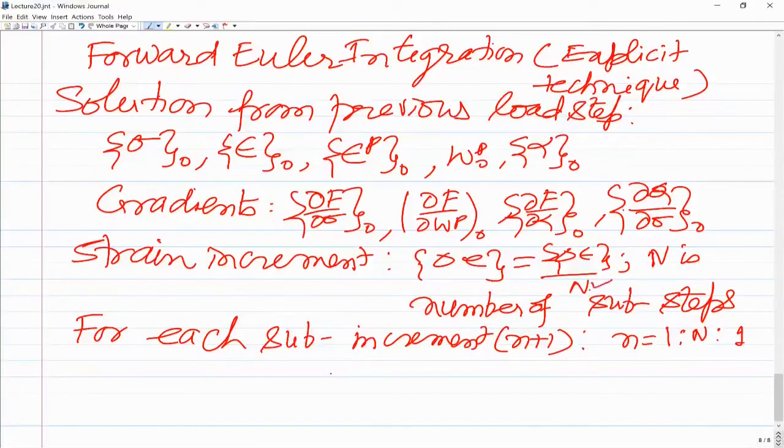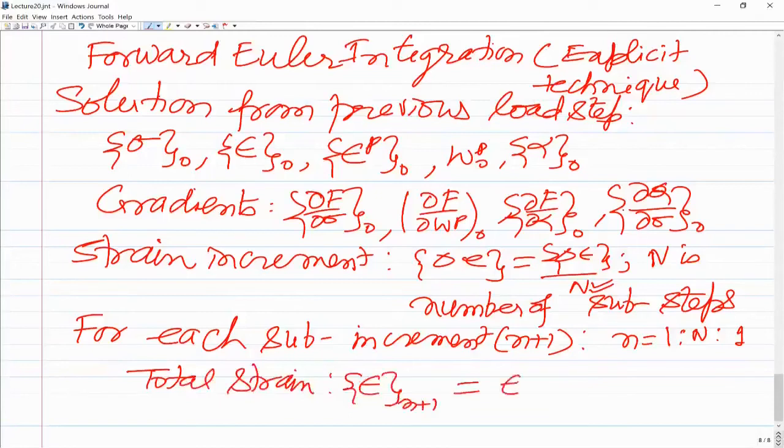This you have to choose. Now in your program this has to come as an input. So now these are the calculations, based on the summary of equations I have already given you. Then you calculate the total strain for the current sub step. So total strain epsilon at n plus 1 will be epsilon n plus delta E. This is the strain increment per sub step.